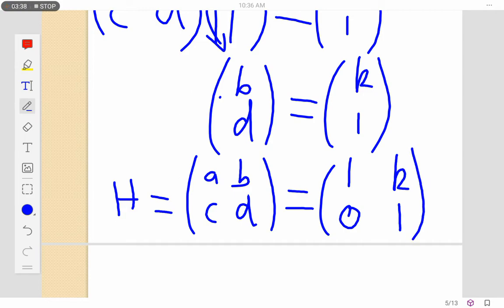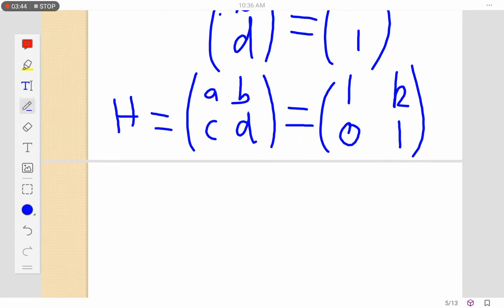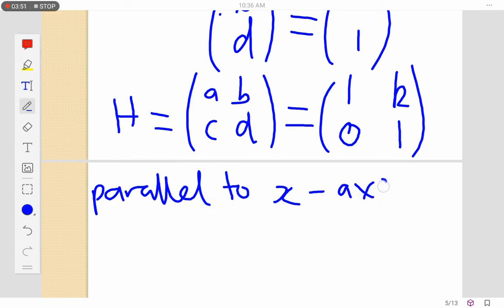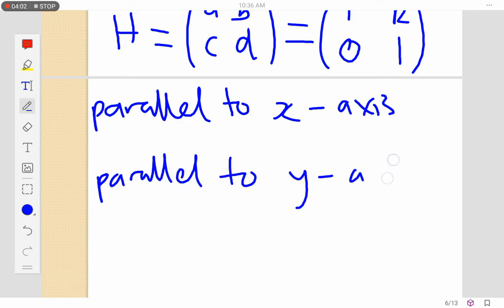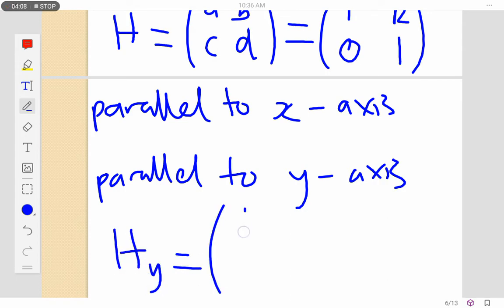This is when we have our shear that is parallel to the x-axis. So when we have shearing that is parallel to the y-axis, the shear matrix for the y-axis is now (1, 0; k, 1).